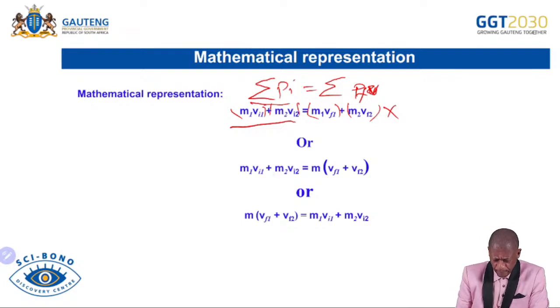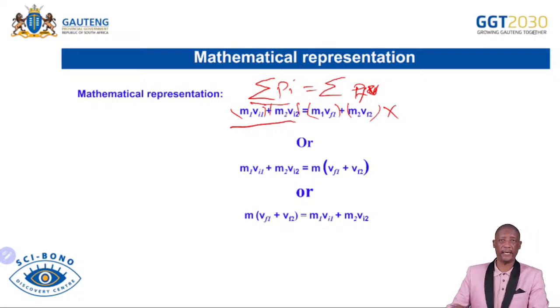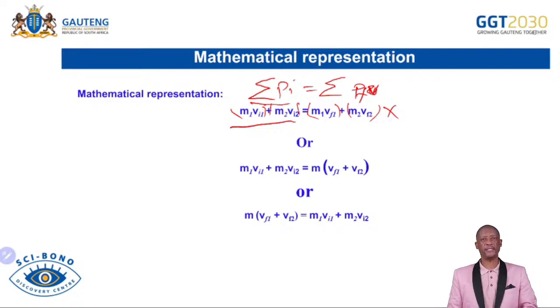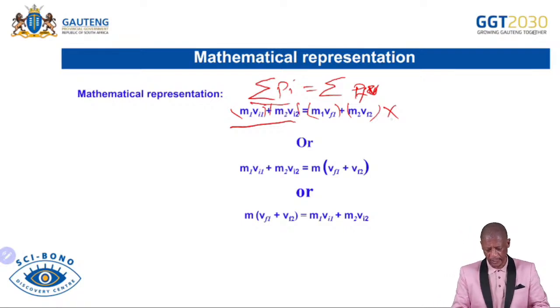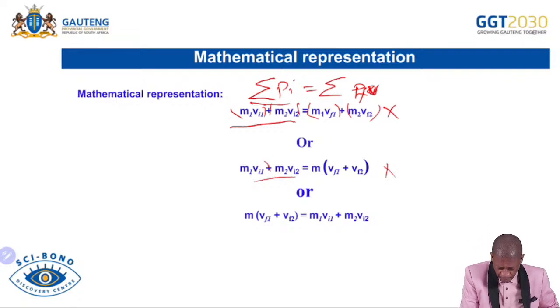This formula, we use it for calculating an elastic collision, when they collide and separate or bounce off. But if it happens that they collide and move off together, what happens? We are going to use another one, because before they collided, they were separated.